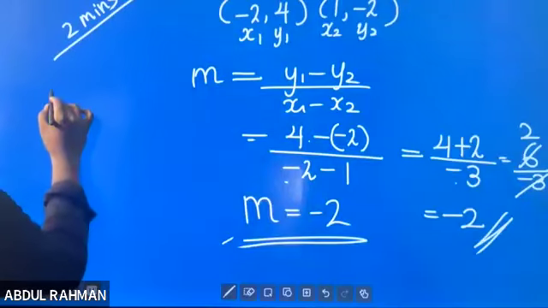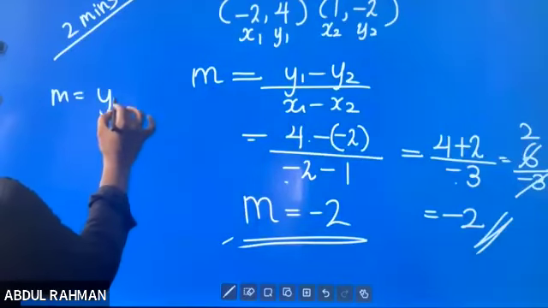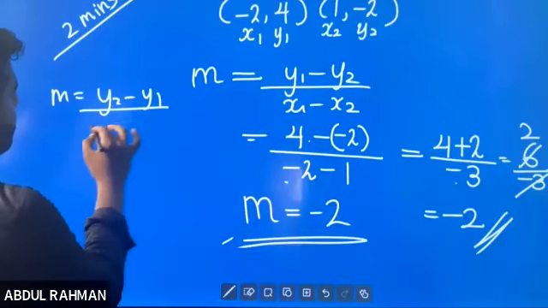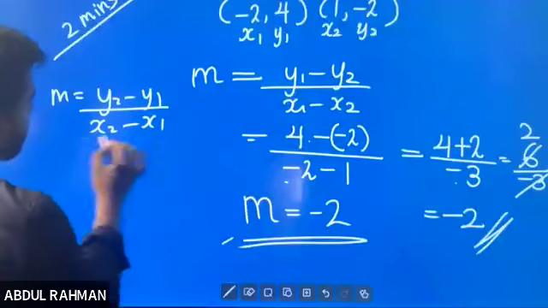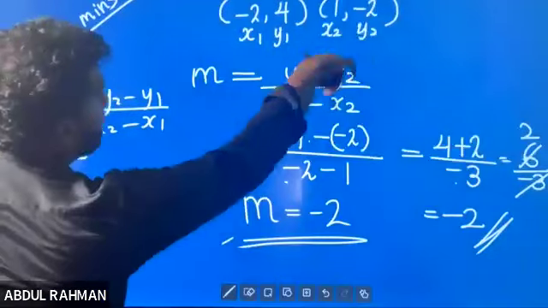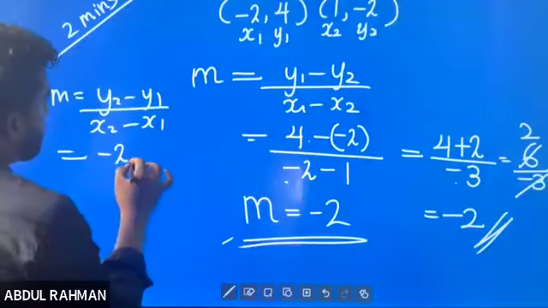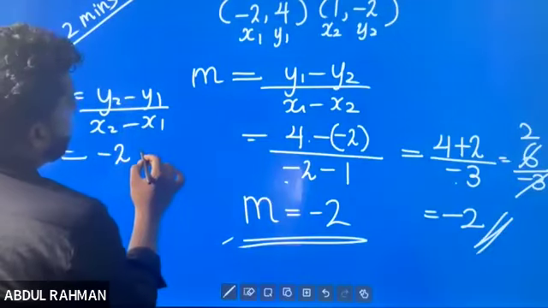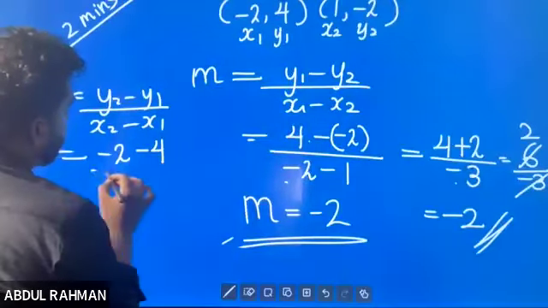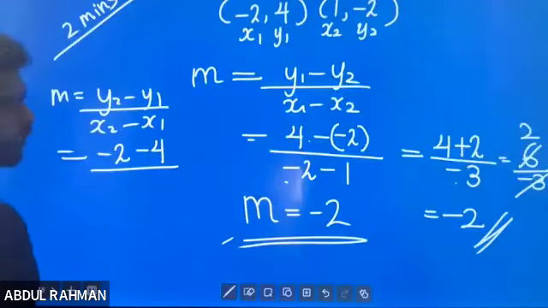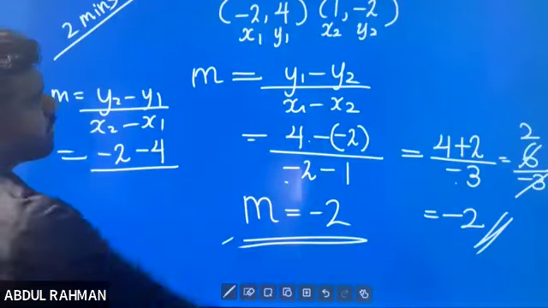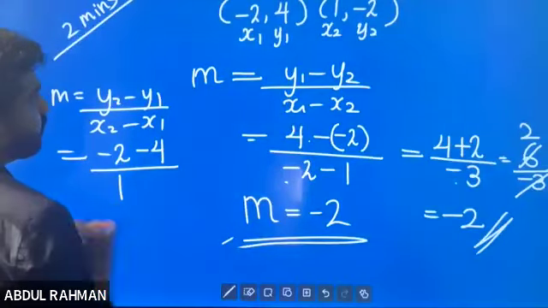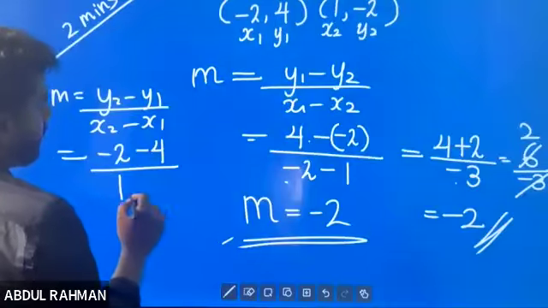Okay, m is equal to y2 minus y1 over x2 minus x1. Look at the board. What is the value of y2? Minus 2. What is the value of y1? Minus 4. So minus 2 minus, bracket, minus 4. What is the value of x2? x2 is 1. What is the value of x1?